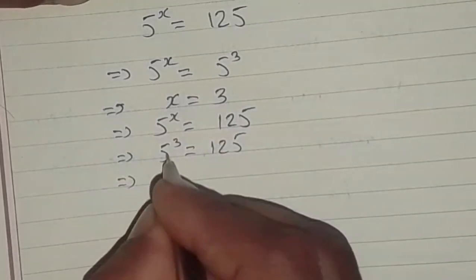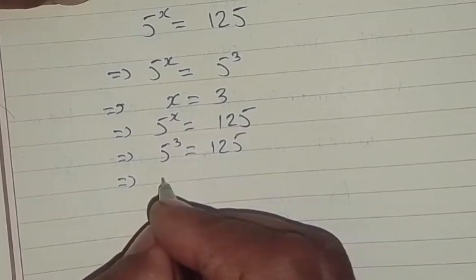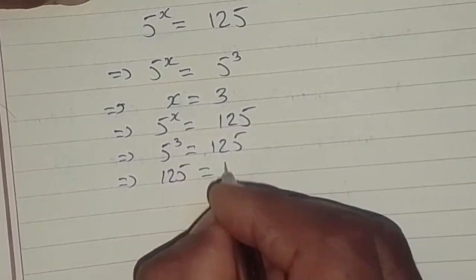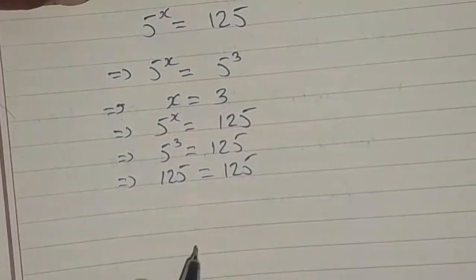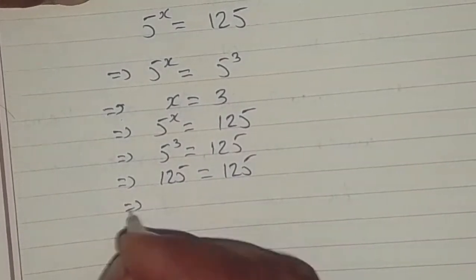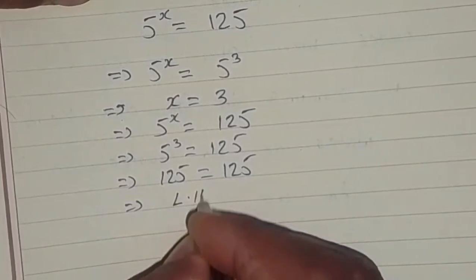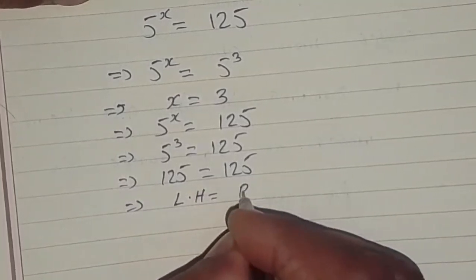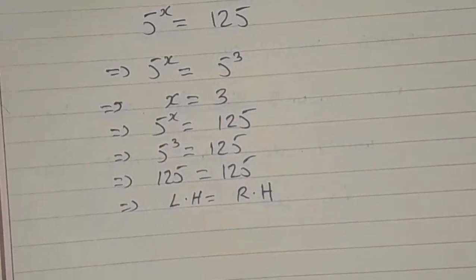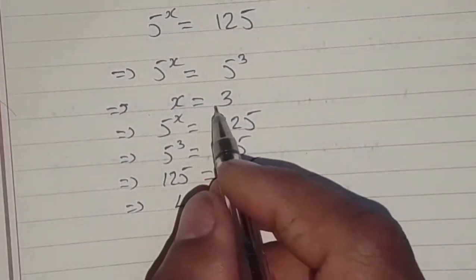So 5 power of 3, they give us 125 equal to 125. So we have left hand side equal to right hand side. So it is correct. The value of x is 3.